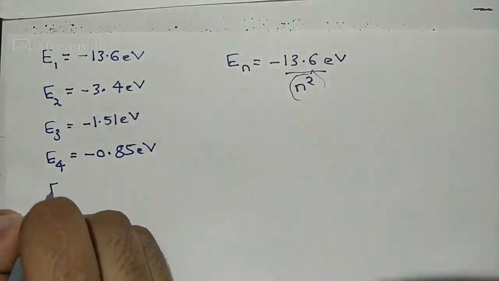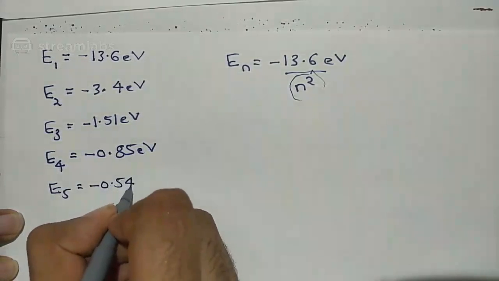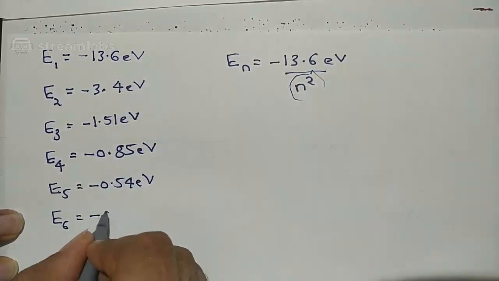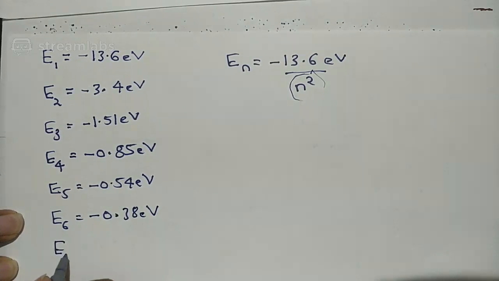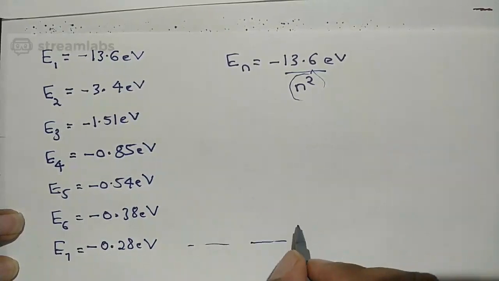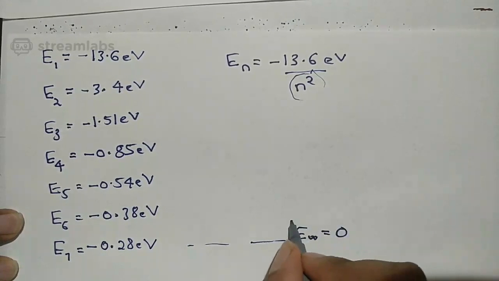And you substitute 25. What is your answer? Minus 0.54 electron volt. Substitute 36. What is your answer? Minus 0.38 electron volt. Substitute 49. What is your answer? Minus 0.28 electron volt. So on. When you reach the infinite level, what is your answer? 0.